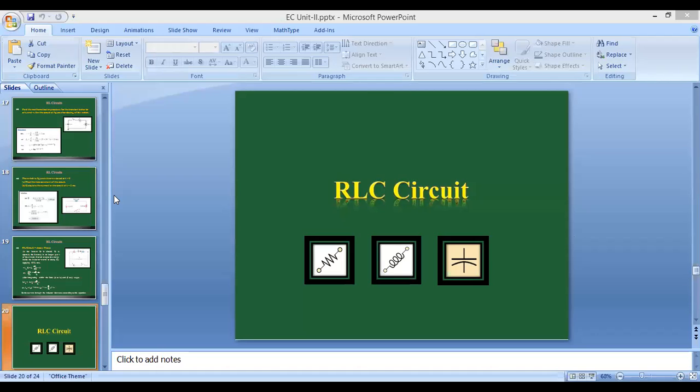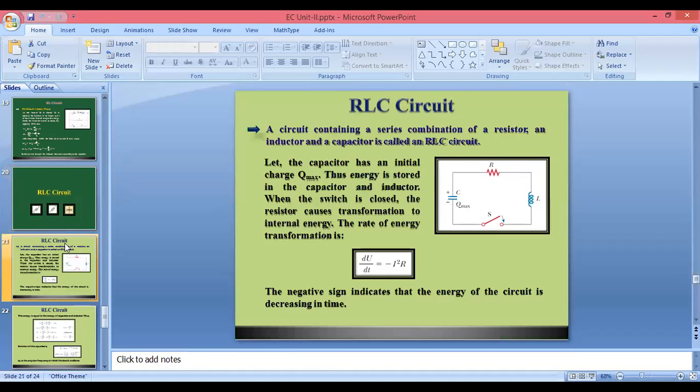So in today's session, we will see RLC. If in any circuit we are connecting resistor, inductor and capacitor in series, then we can call this circuit the RLC circuit.